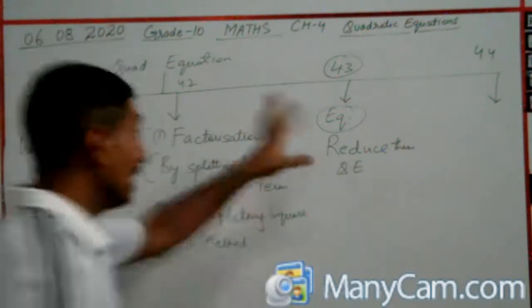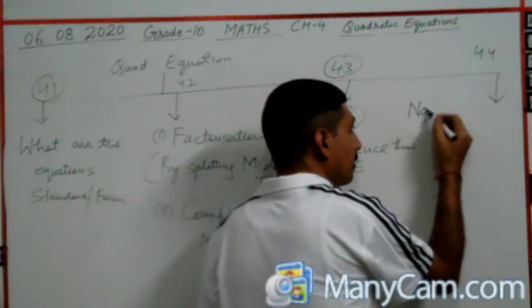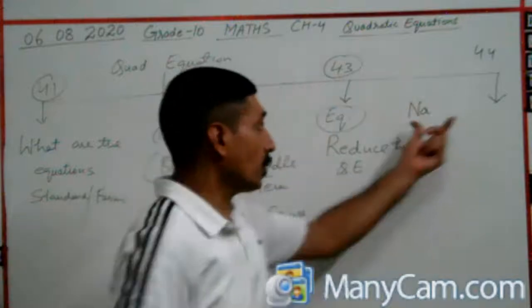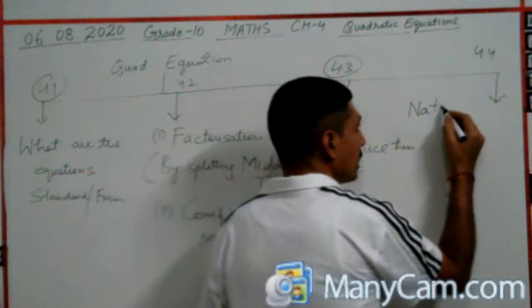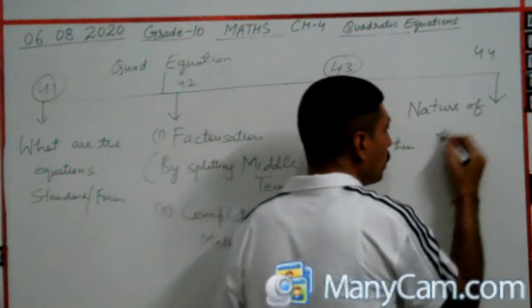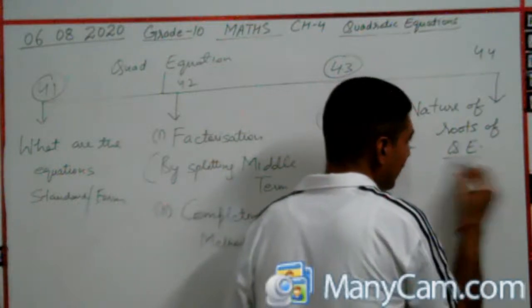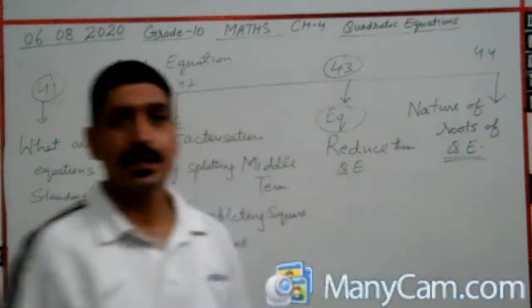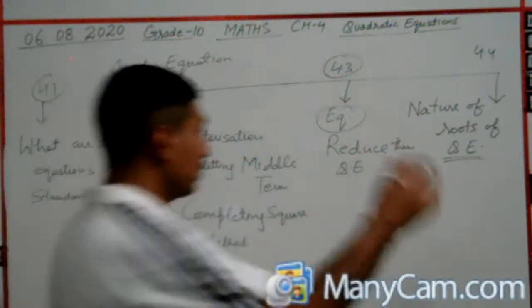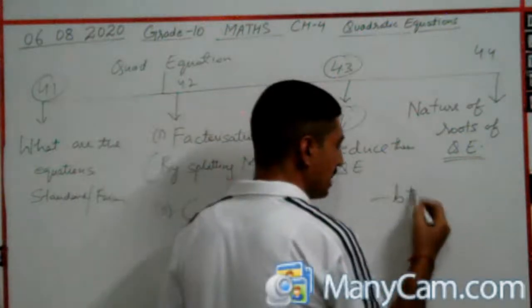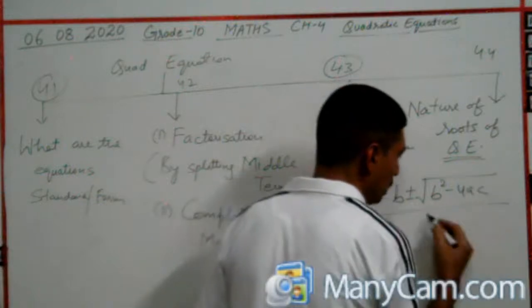Whereas the last one, that is the basic topic, is nature of roots. Nature of roots of the quadratic equations, right? So we have generally three things. This is the quadratic formula we will discuss: minus b plus minus under root b square minus 4ac upon 2a.